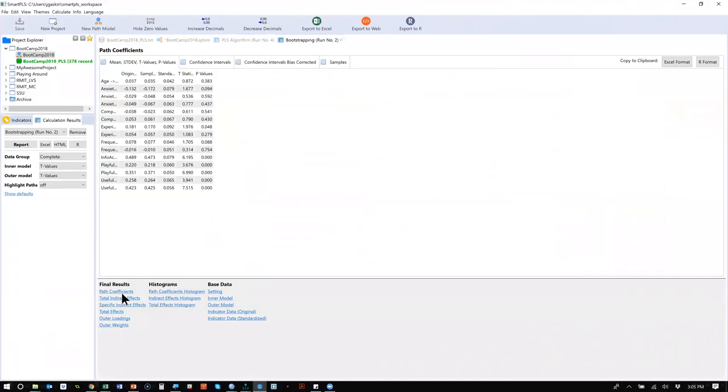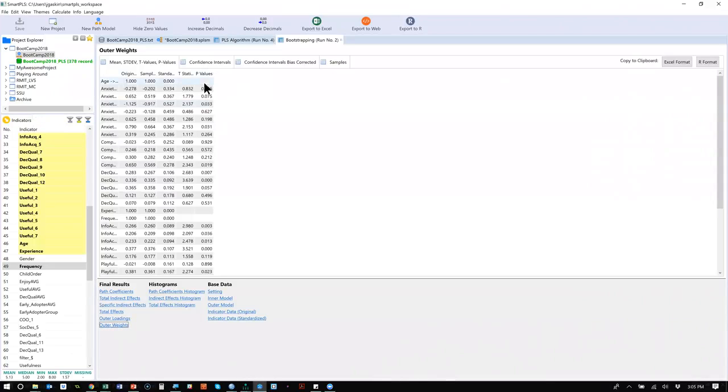What you look at is the outer weights again, and here are the p-values for those outer weights. We were looking at anxiety, which is our first batch here, and we want all of these to be significant. Turns out only a few of them are. In a truly formative factor, we'd probably expect more significant indicators. But let's assume this is our formative factor and we have a p-value of 0.627, so clearly not a meaningful indicator for this factor.